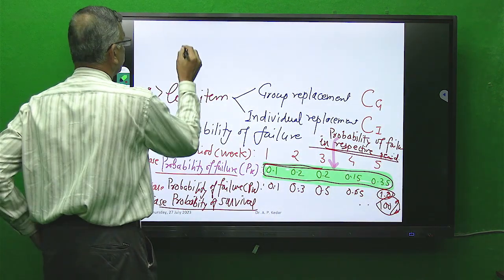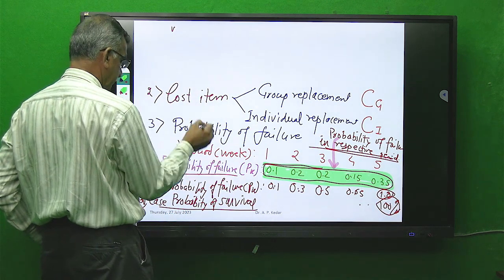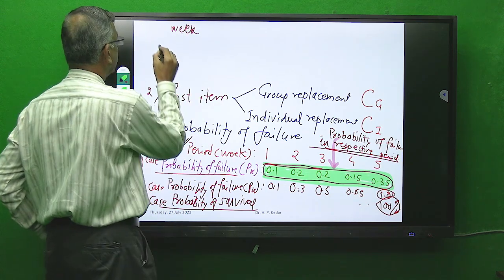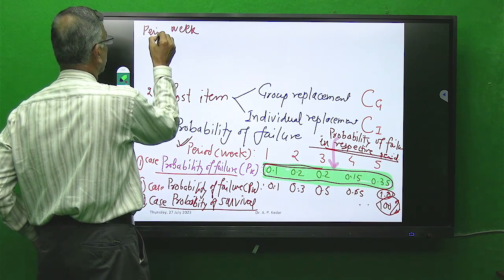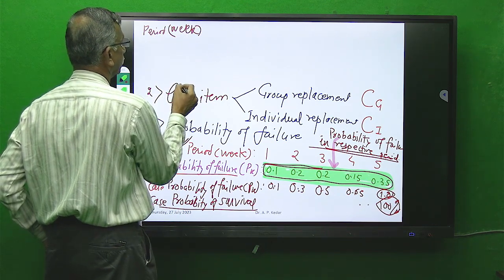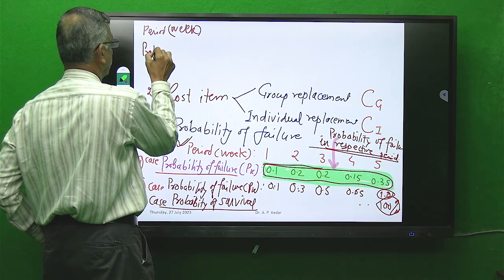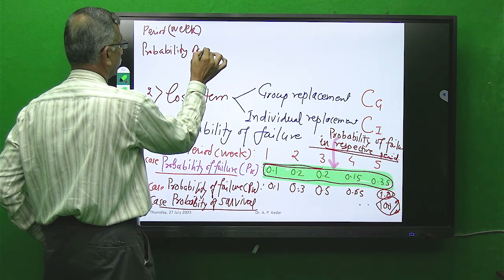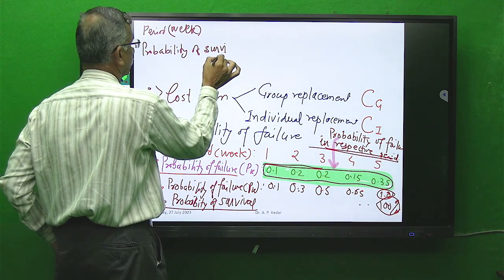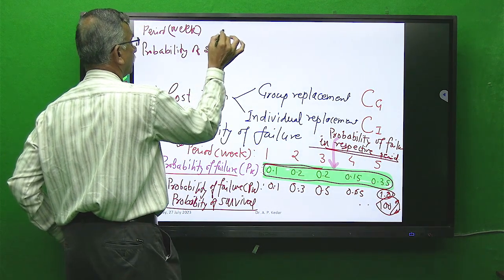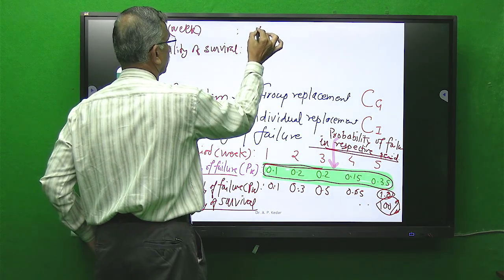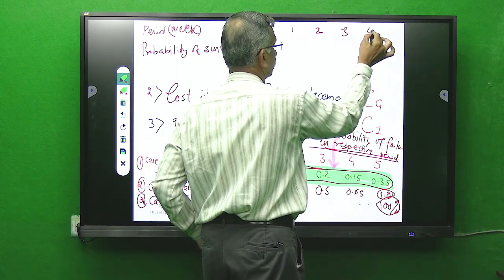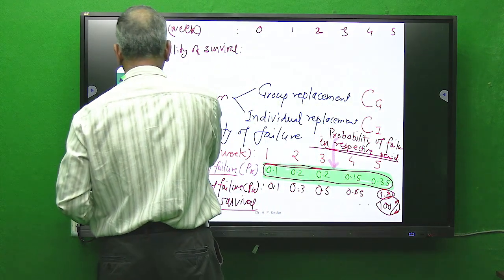Third part, suppose weeks again, we will write the week number. Week is our period, the unit is week, and here probability of survival, 0, 1, 2, 3, 4, 5.